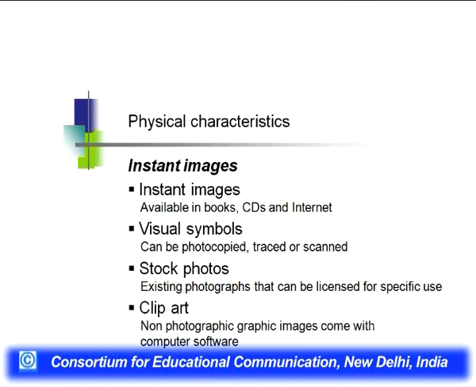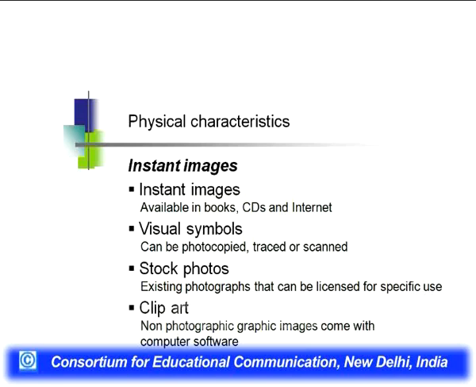So we depend on the instant images available in books, CDs, and the internet. From any book, photographic books or any other books, the image you want, you can just trace it, photostat it, or scan it to use in your communication messages.